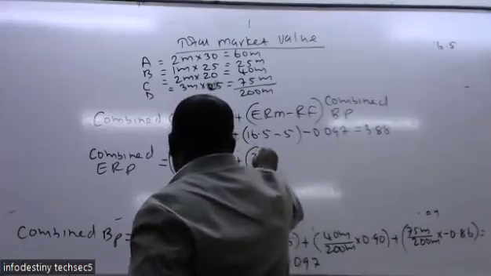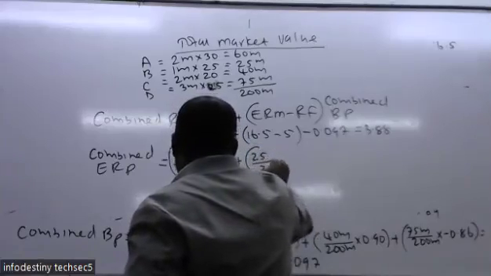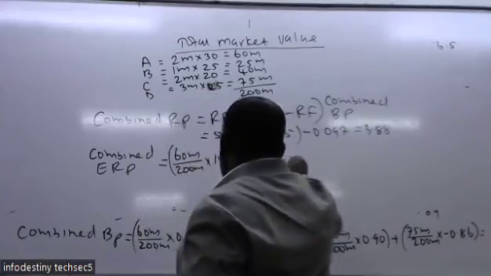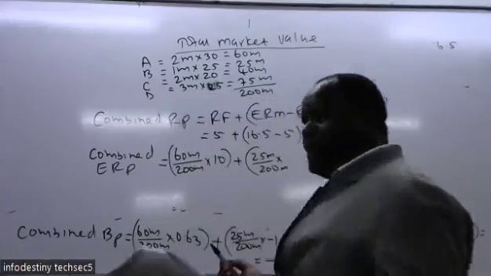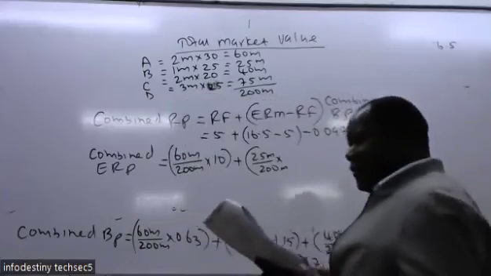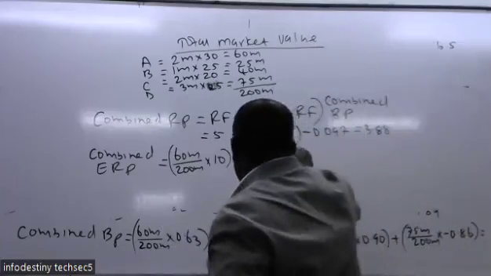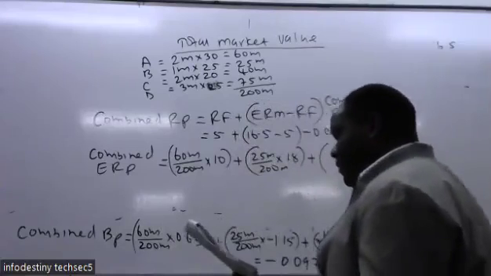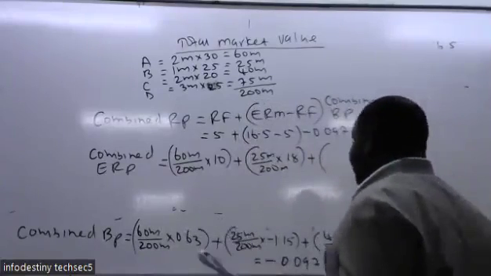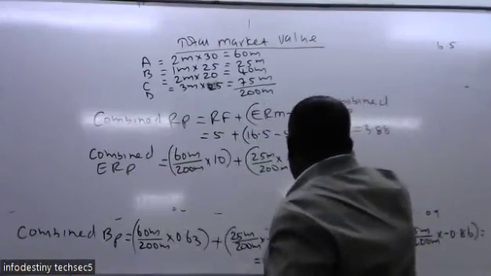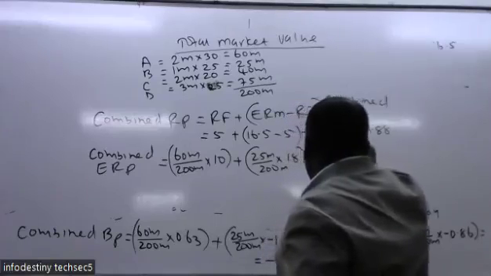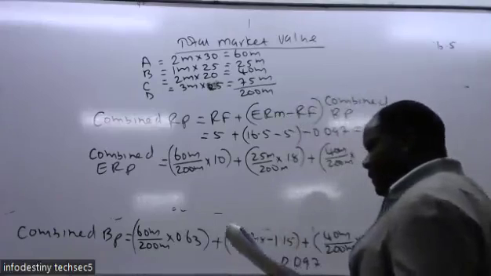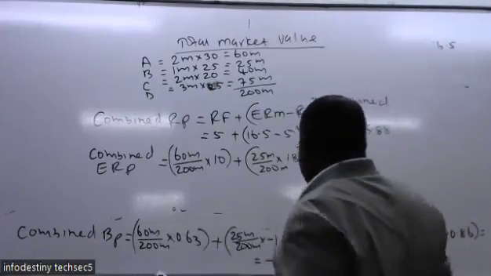Also this one, we take 25 divided by 200. Expected return for B, it was 18. Then the next one, we take 40 over 200, and we multiply by 15.